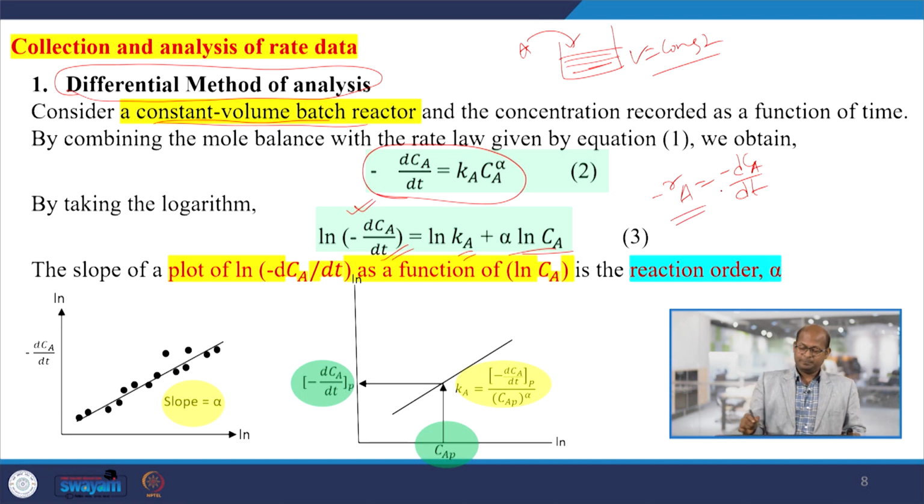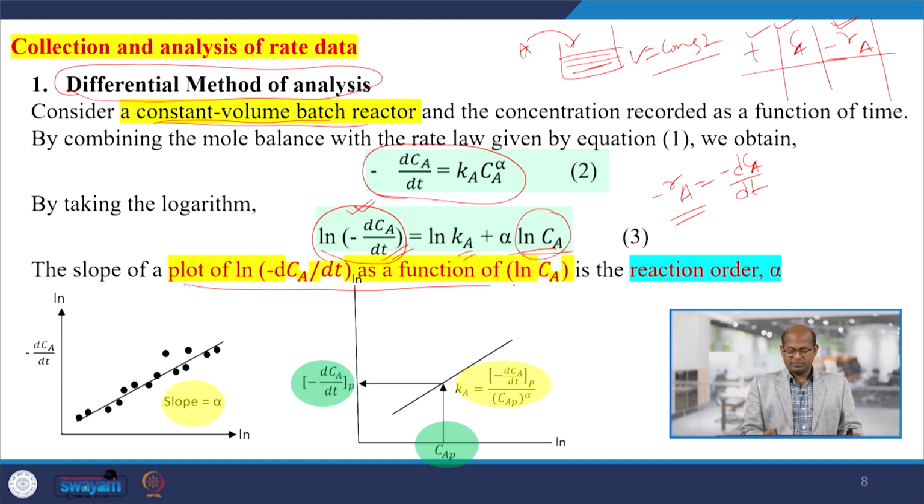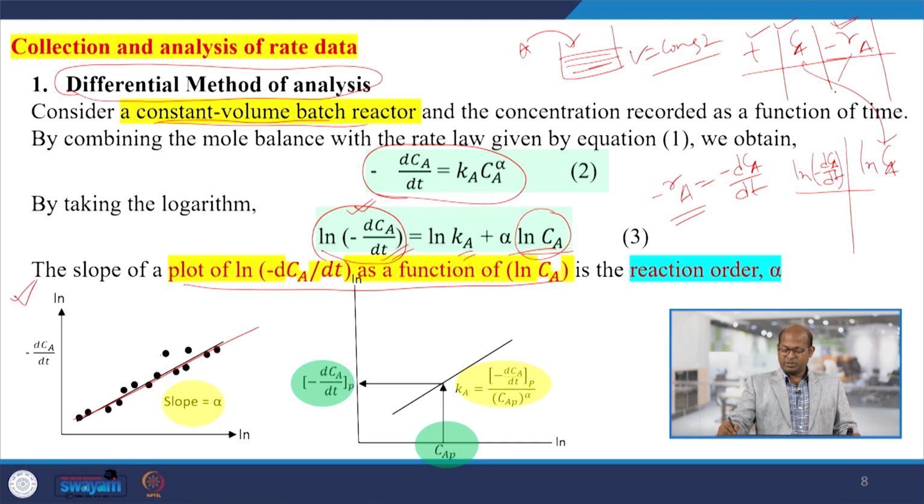If we know the rate data, that is the time, concentration and minus r_A data, from experiment we can find it out, then evaluate the rate. Then we plot this against ln C_A, and this type of curve will come. The dotted points are the data points. We take ln of minus dC_A by dt, which we can evaluate, and ln C_A, and put them here. So these data points we can get.